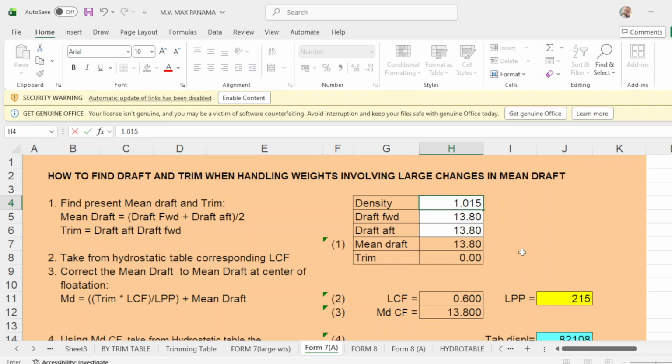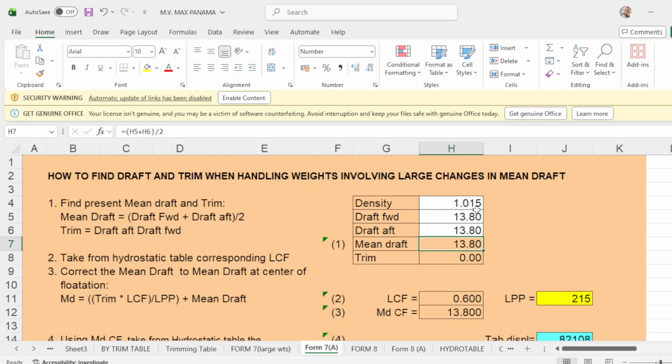Okay, and his arrival at berth is 13.80 even keel. So put your forward 13.80 and aft is 13.80. Okay, so that's your mean is 13.80 and you have zero trim, so that's even keel.